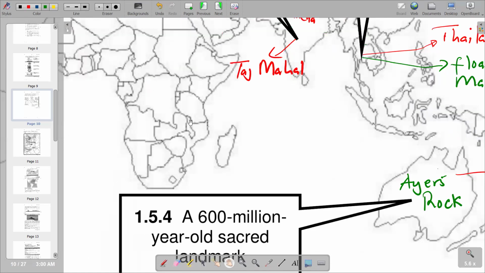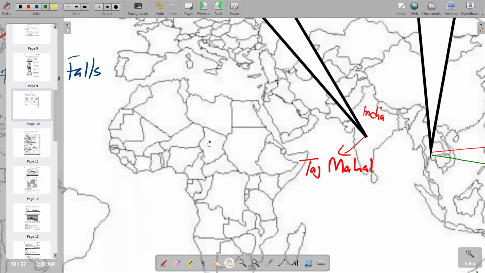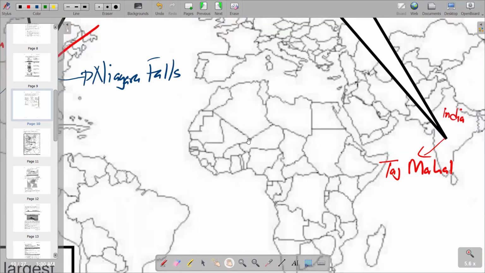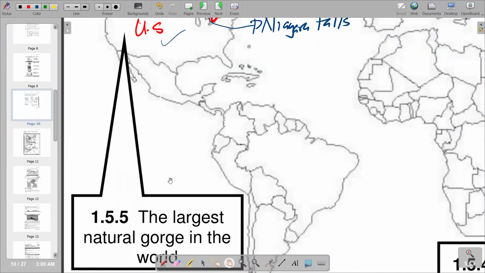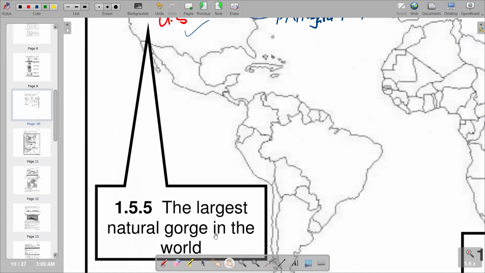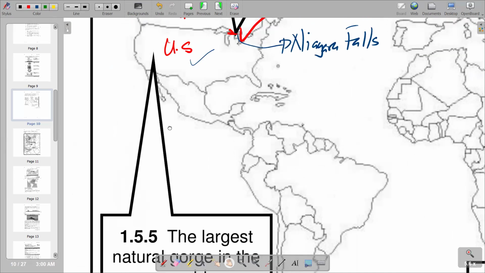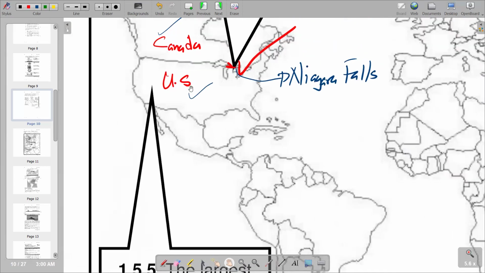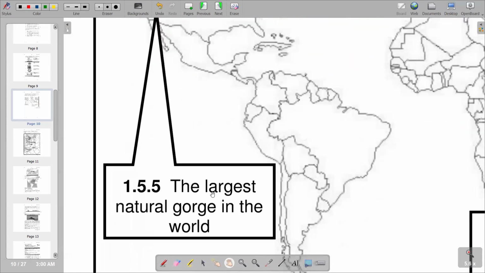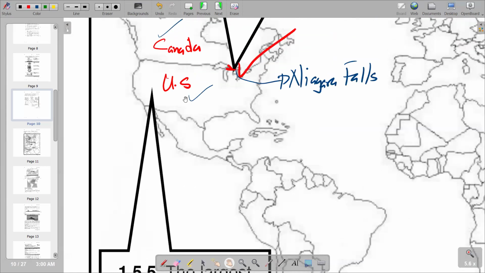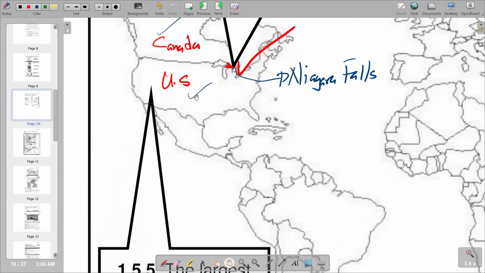So we move on to the last part whereby we've got 1.5.5, which is saying the largest natural gorge in the world. And we follow the arrow. You see that we have already identified that this is the US, United States. So obviously, we need to find out now which is the largest natural gorge that we find in the US. You're going to see that this is going to be the Grand Canyon.